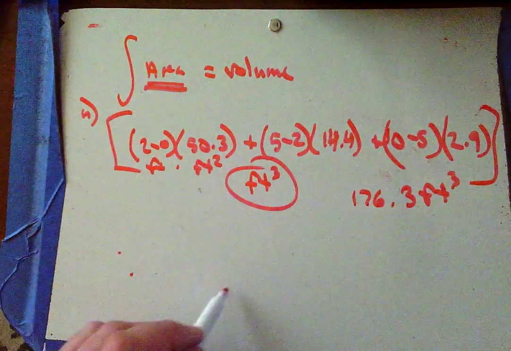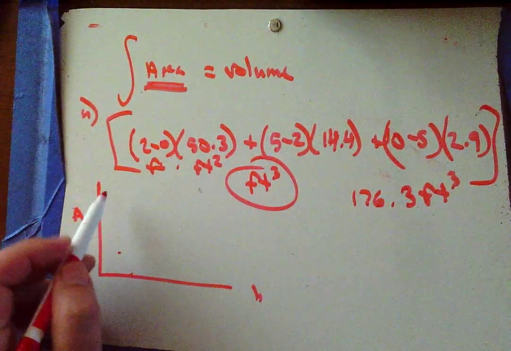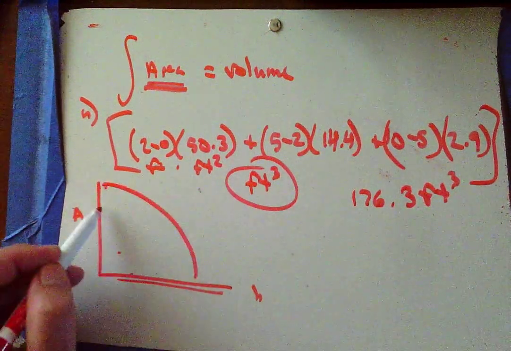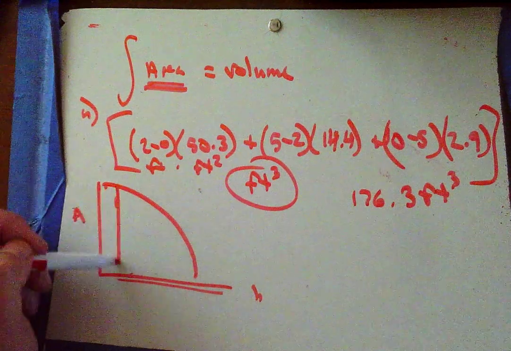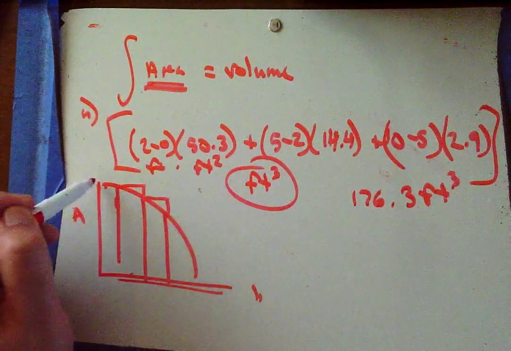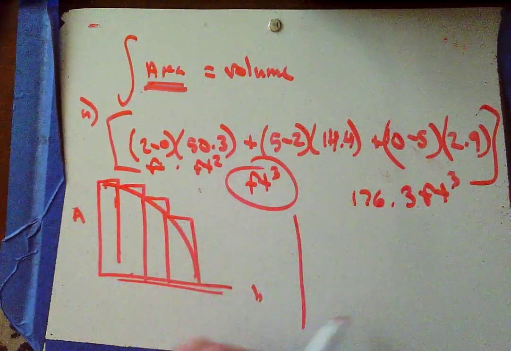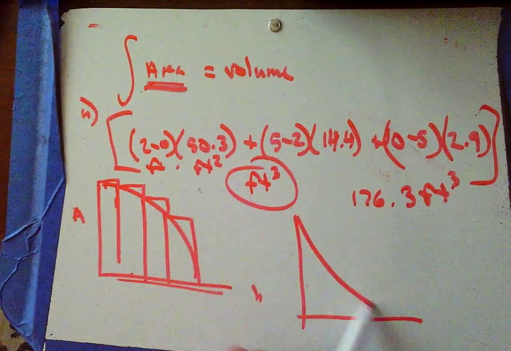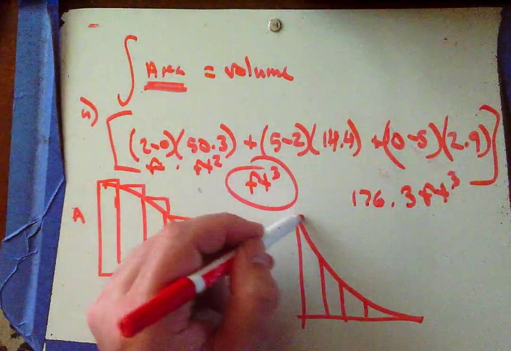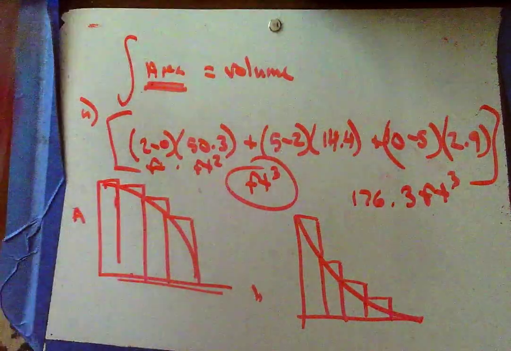So here's our H, here's our A. As H increases, A decreases. So when we do a left Riemann sum, notice we're getting an overestimate. If we do this kind of decreasing and we do a left Riemann sum, we still get an overestimate.